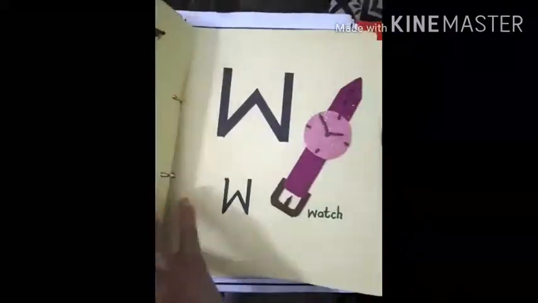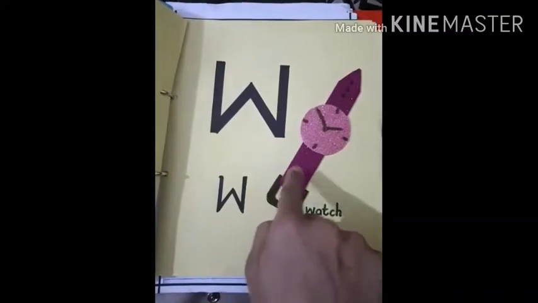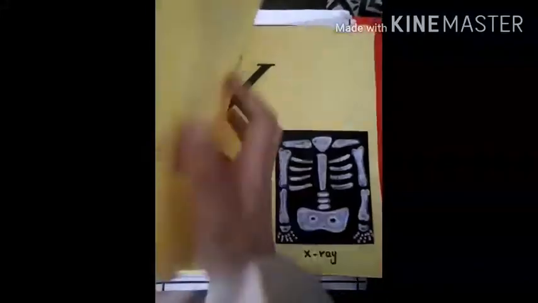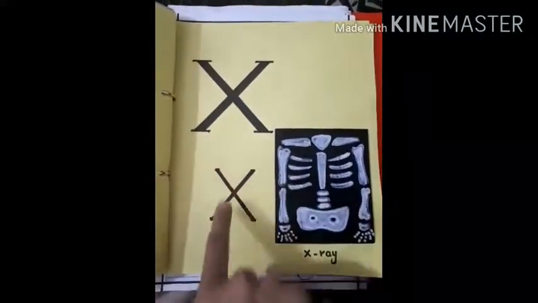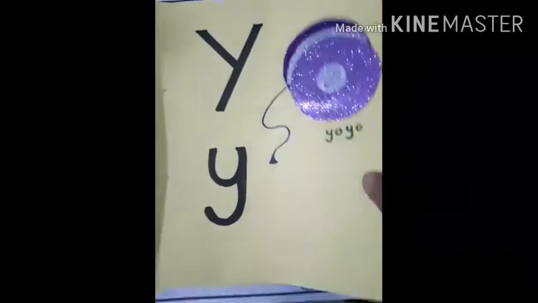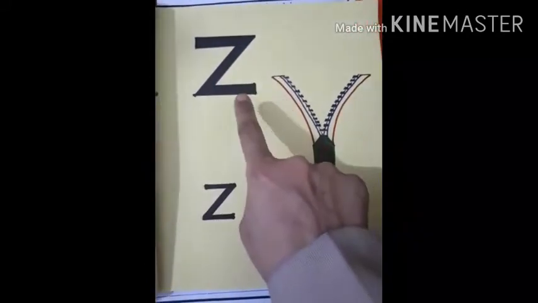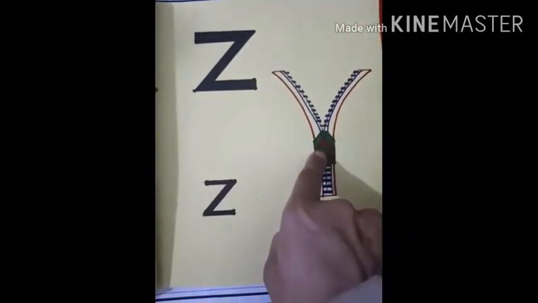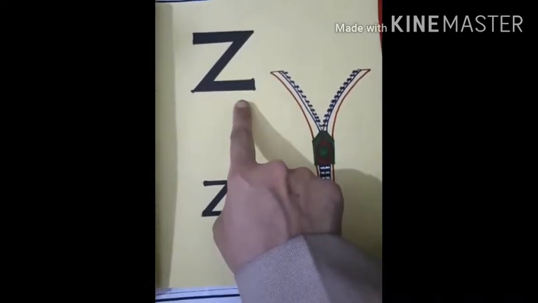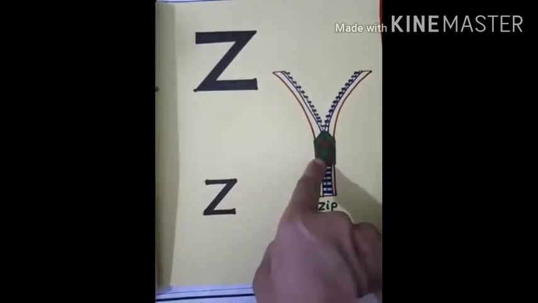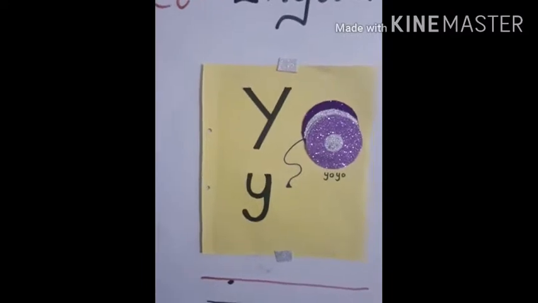W as a watch, watch. X as a X-ray, X-ray. Y as a yo-yo, yo-yo. Z as a zip, zip. Z as a zip, zip. I hope you enjoyed the phonics song.